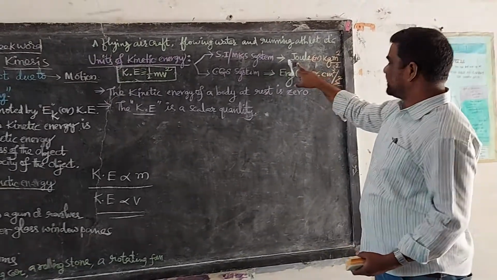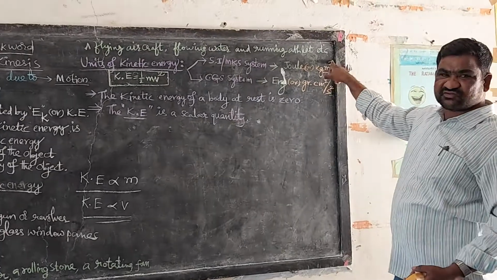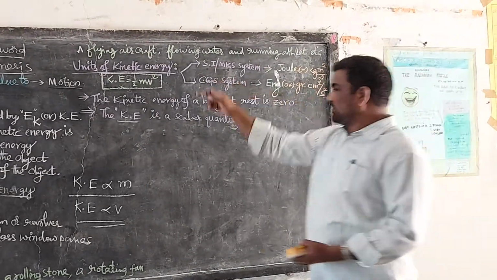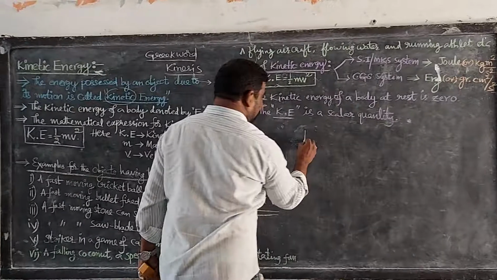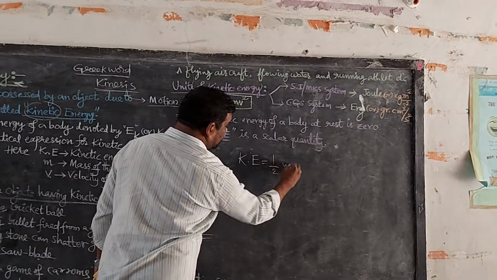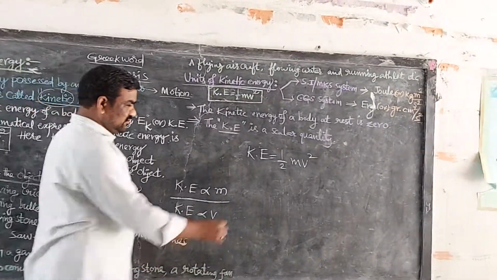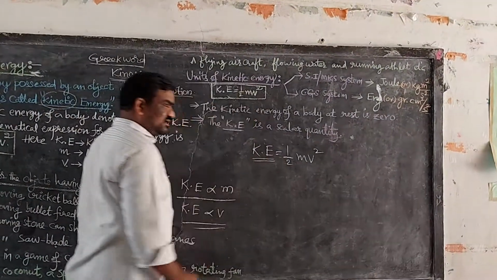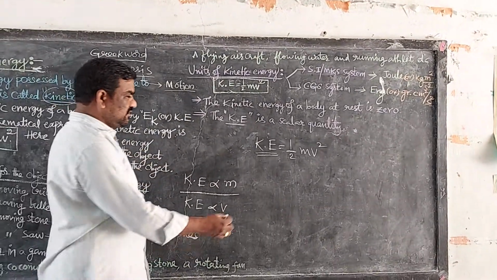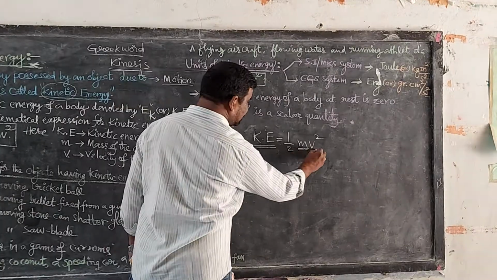But we can express the same Joule as kg into meter square by second square. Why? Because if you write the mathematical expression for the kinetic energy, that is KE is equal to half m v square. Here the units of kinetic energy depend on the units of mass and velocity.